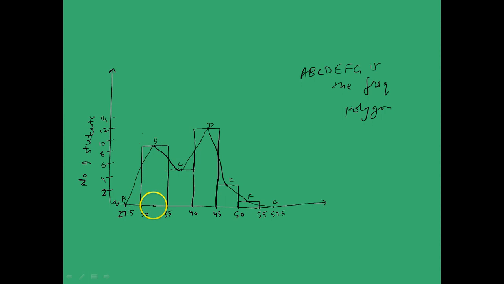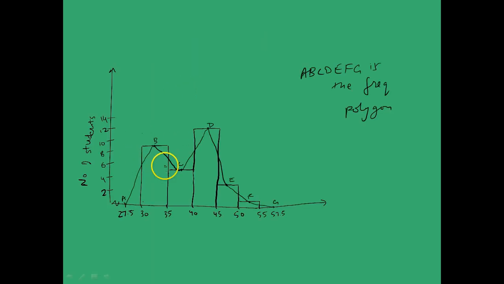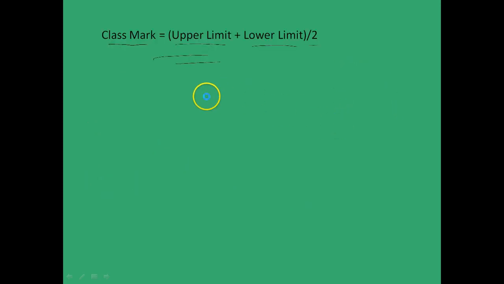B has x coordinate approximately 32.5, and the y coordinate is 9. So that's how you make the frequency polygon without using the histogram. This is what the frequency polygon looks like without the help of a histogram. In this case also, A, B, C, D, E, F, G is the frequency polygon.